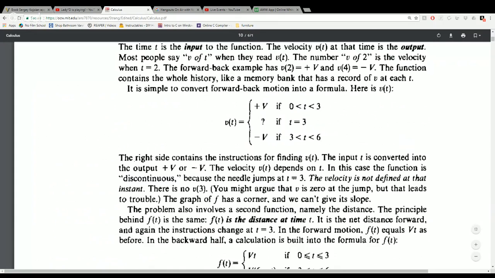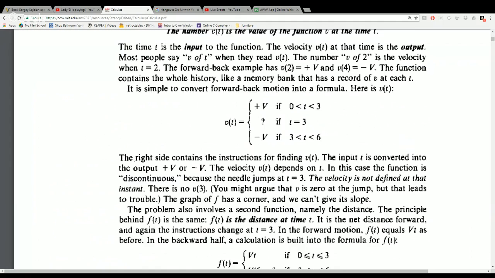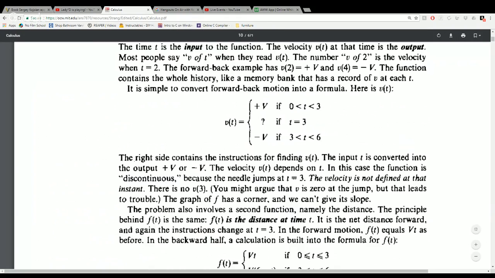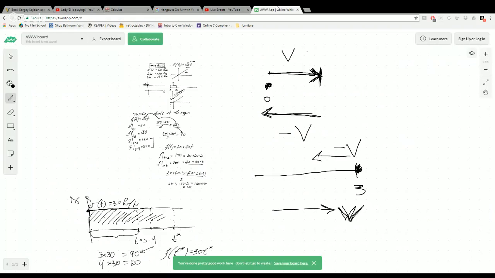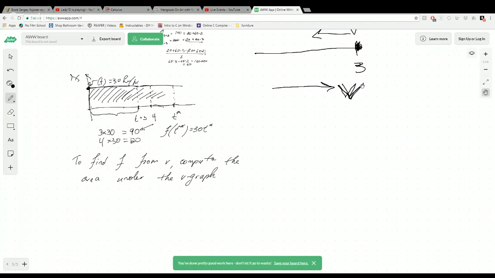In real life, things don't work that way. Well, at least in cars, right? You have to slow down first. The graph of f has a corner, and we can't give it a slope. What does that mean? The graph has a corner here. Well, let's graph these things so we can visualize how this works.